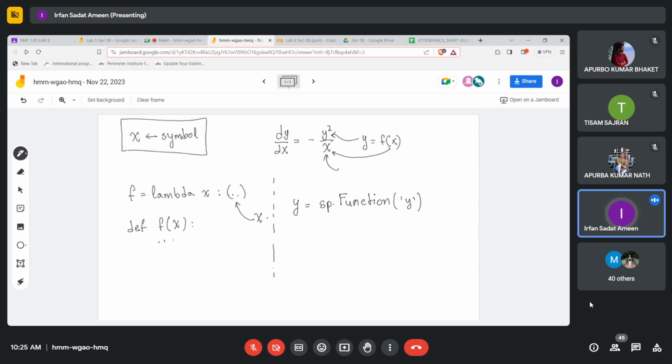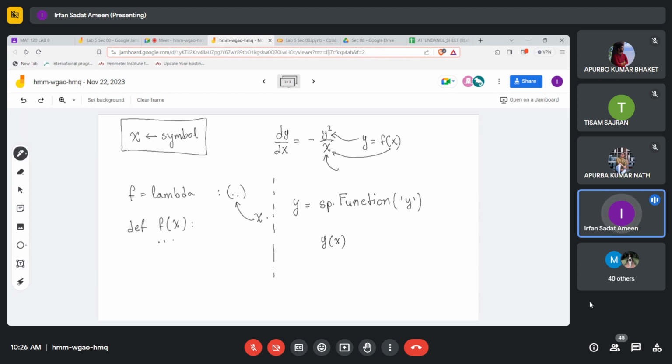Okay, it looks similar to symbols, right? For symbols we used sp.symbols and then gave it as a string. So here also sp.function and then giving the letter as a string, y is now a function. Now being a function means something more arbitrary, where x is also involved. But if you give an x here, or every time you use y you write y bracket x, then it will work.